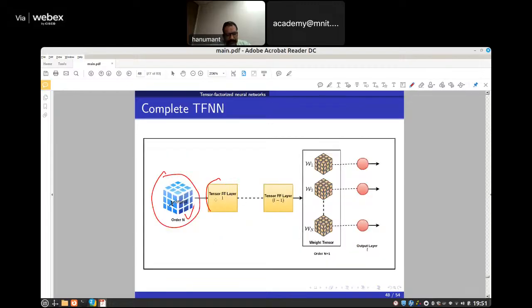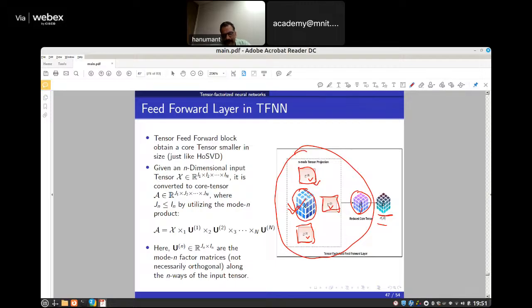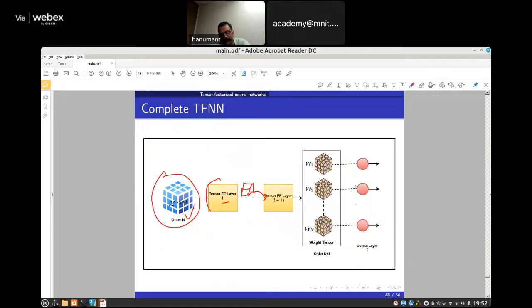So layers are designed in such a way that it will take this input, it will go to this one, and you will get a smaller size tensor here. Now the next layer is also designed to take input as tensor, the same thing. Then decide upon your nonlinear activation function, and keep on repeating this, for as many layers as you need.